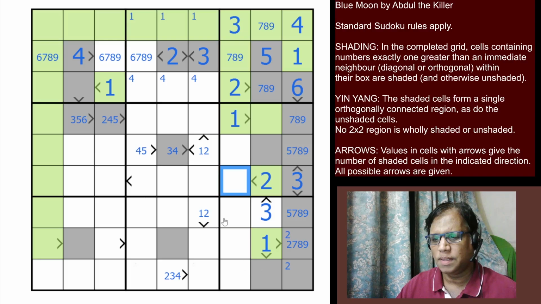I'm not seeing any pattern. By pattern I mean any yin yang pattern, like checker pattern or 2 by 2. 1 2 1 2 3. If that's 1, it has to be 2.